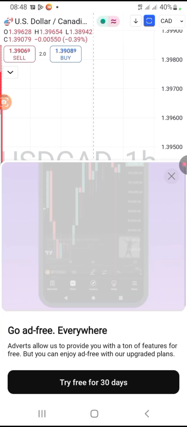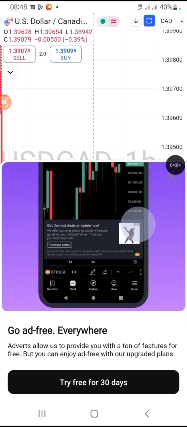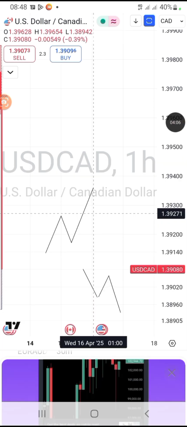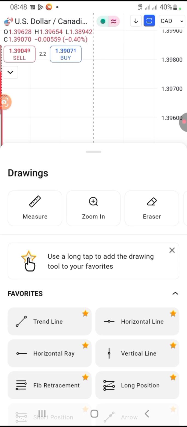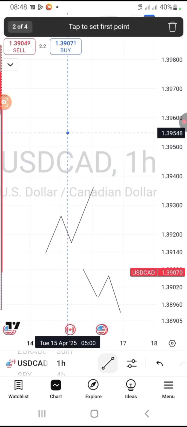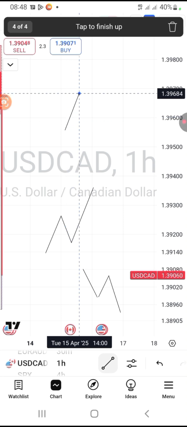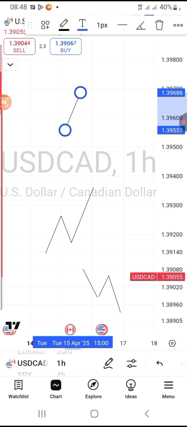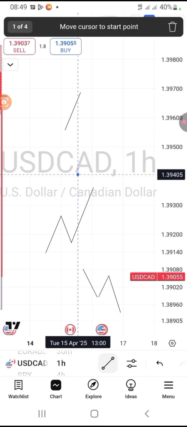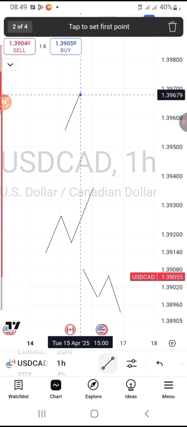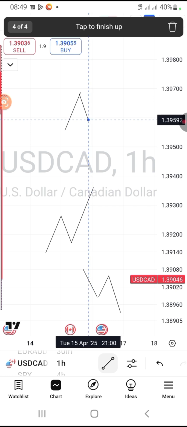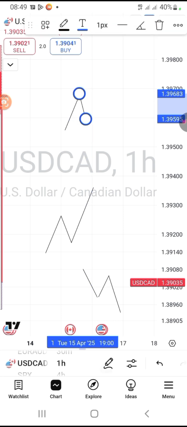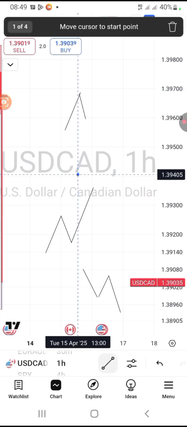But in a case whereby the market does something like this. Let's just take an uptrend, for example, and the market does this again, a pullback, and then the market does something like this.